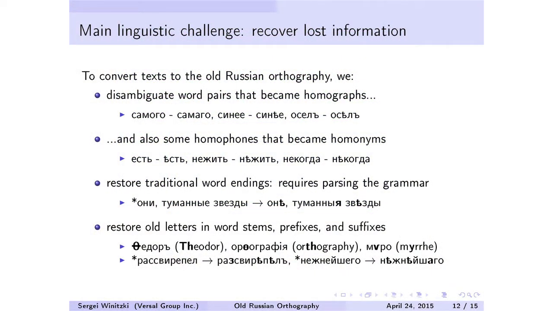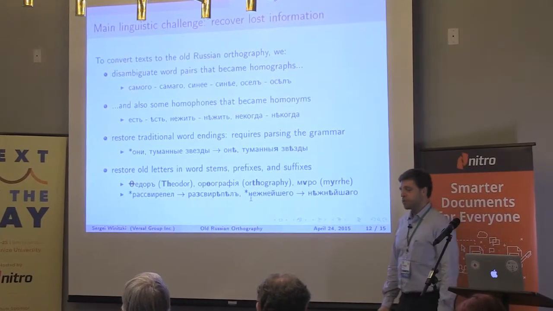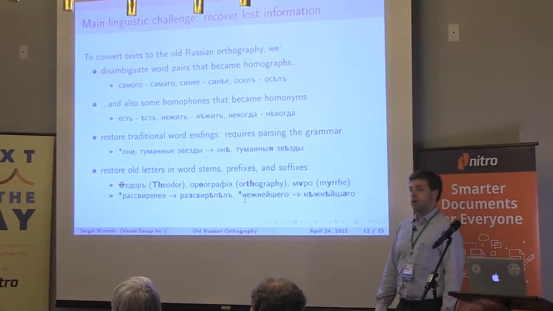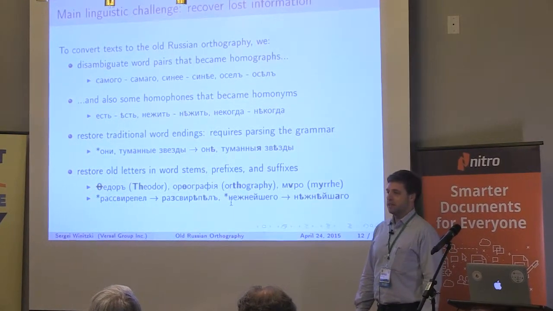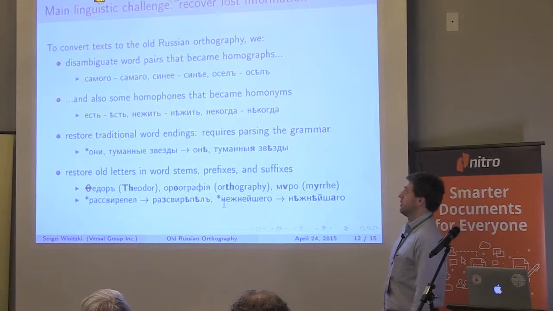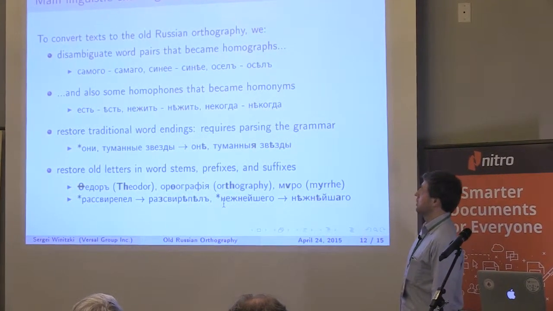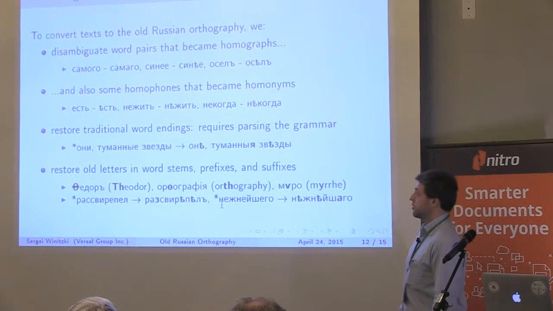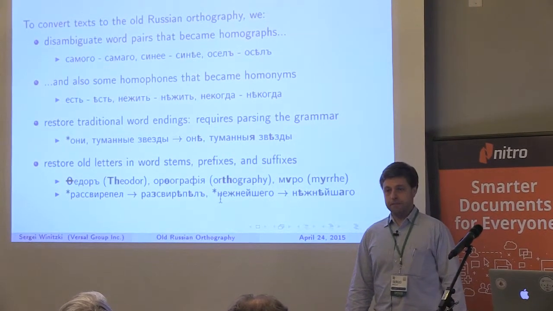So let me talk about the linguistic challenges. The basic problem with the transition between the traditional orthography and the modern one is that there are many changes that created ambiguities. These changes, for example, made certain words homographs, that is, words that are written in the same way but pronounced differently.